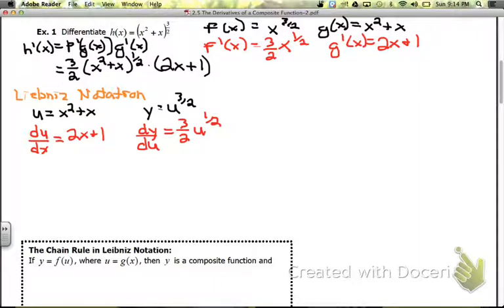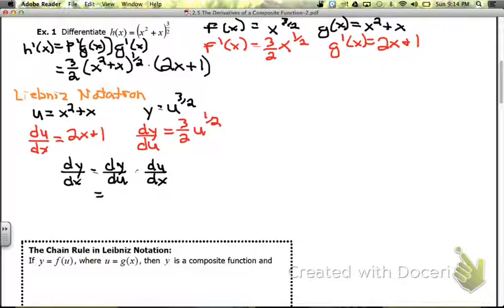Now with the Leibniz notation, what we can do is we have this set up as the derivative of y in terms of x is going to be equal to the derivative of y in terms of u times the derivative of u in terms of x. So we're just going to put those values in.